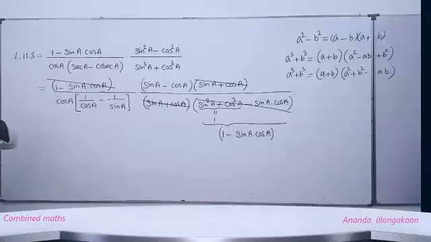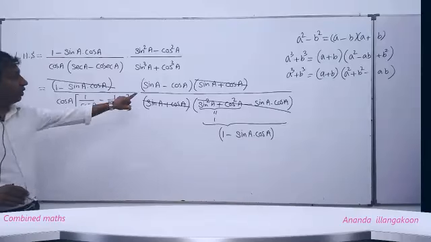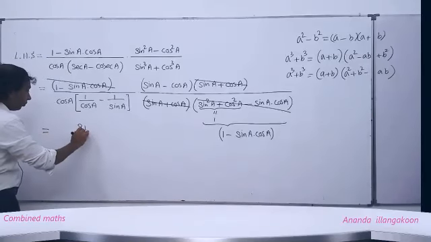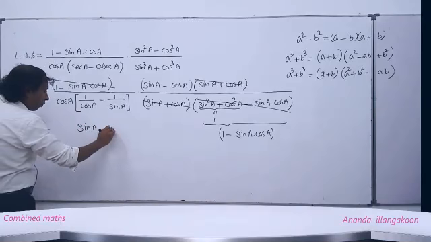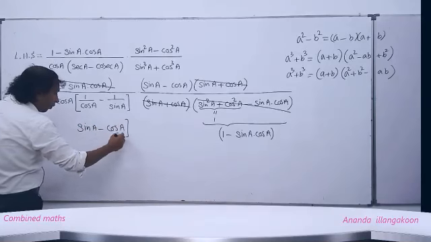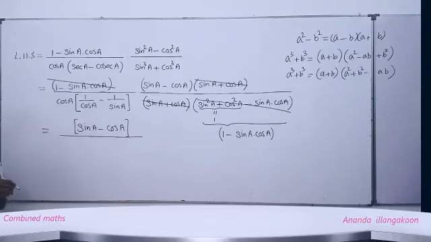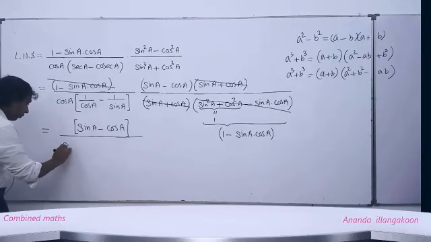Then what we have is here sin A minus cos A. I write that at the numerator. And this cos A here.